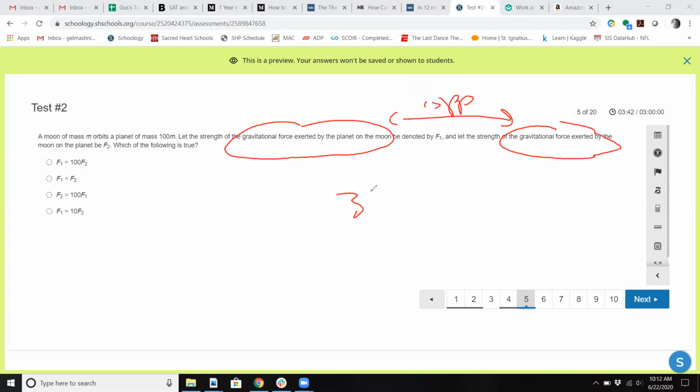The third law of motion states that in the absence of any other forces, they're going to be the same. So who cares that one mass is more than the other? For example, the force exerted on the Earth's center by my body is the same as the force of Earth's center on my body. Even though the Earth is much heavier than me, that's why it's going to be that one. So that's the third law of motion.